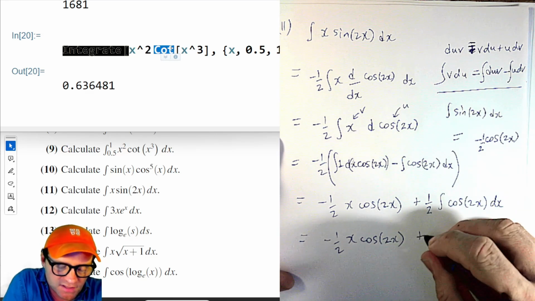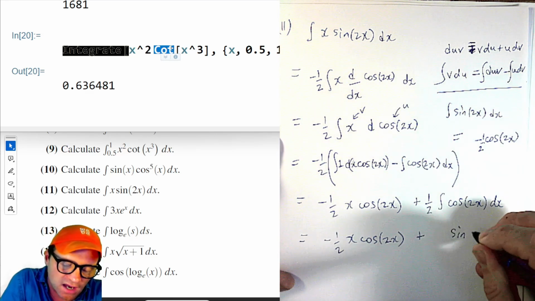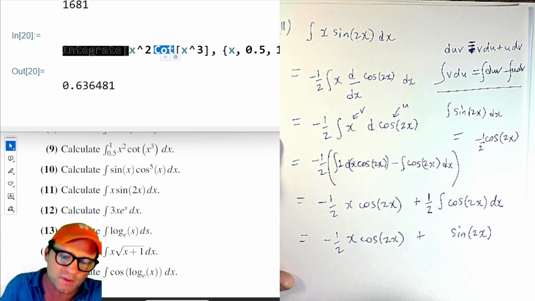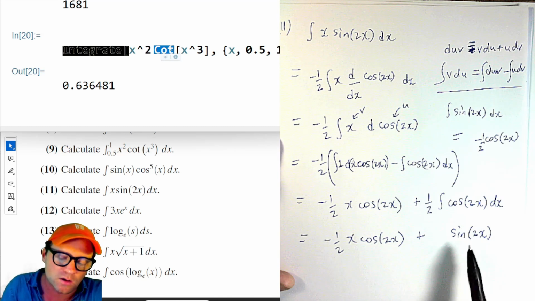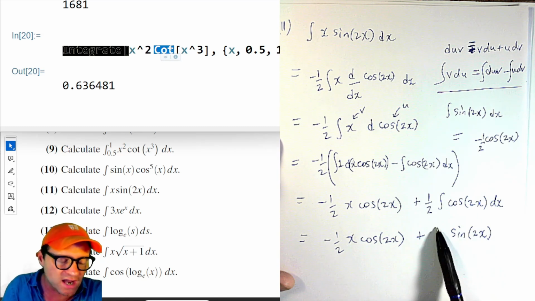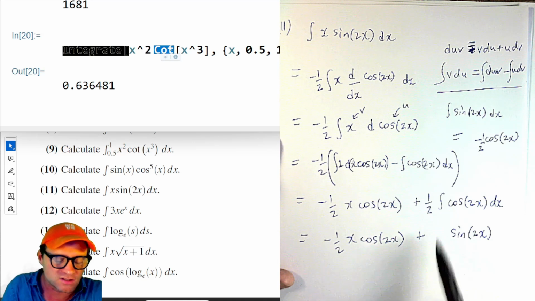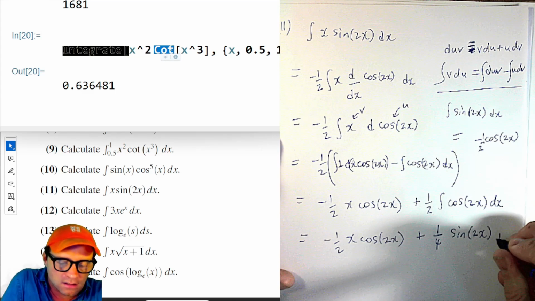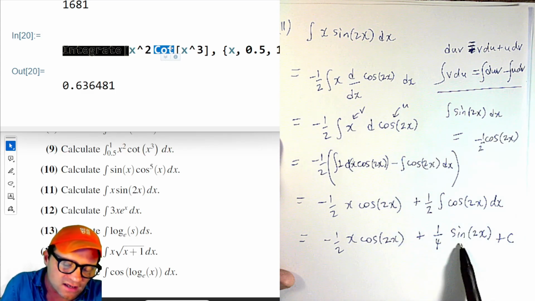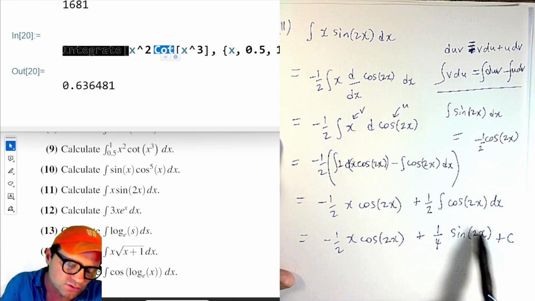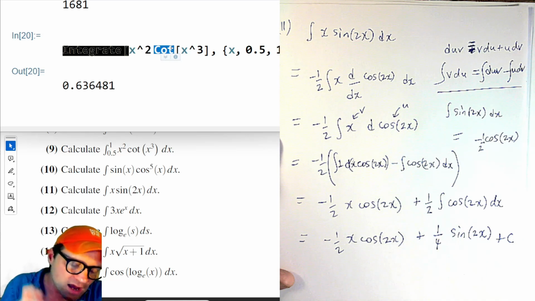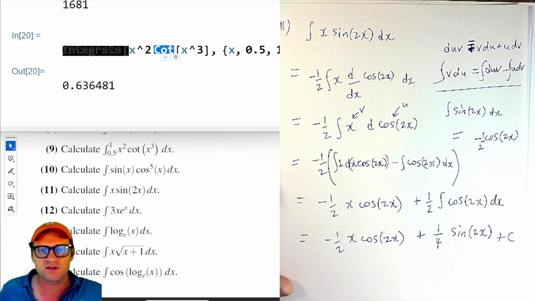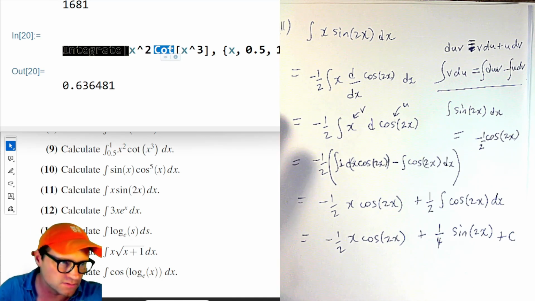So we have plus sine of 2x. I've just left some space here because I'm going to think about what the derivative of this is with respect to x. I would bring out an extra 2. Now to make this work, I need to have a 1/4 here. If we differentiate this, we bring out the extra 2, cancel that, and we get a 1/2. So here's our integral, and we're now done. So this was integration by parts.